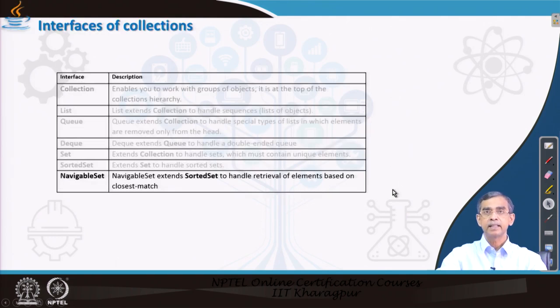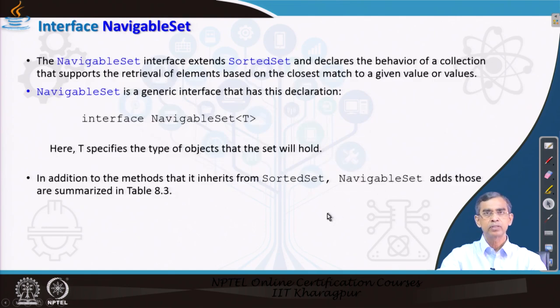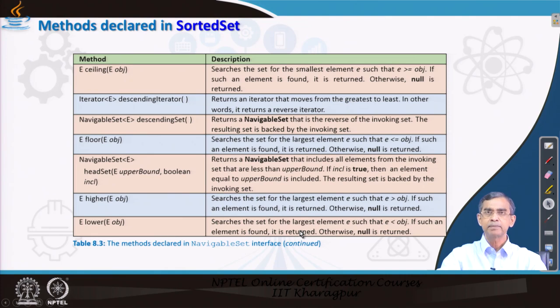Navigable set is in fact another advancement of the sorted set, but it is not necessary to be sorted there. Navigable is from the searching point of view. If you want faster searching in a collection, then you can think of storing it as a navigable set. Now, navigable set includes any type of data like other collections, and it has many methods defined in it.